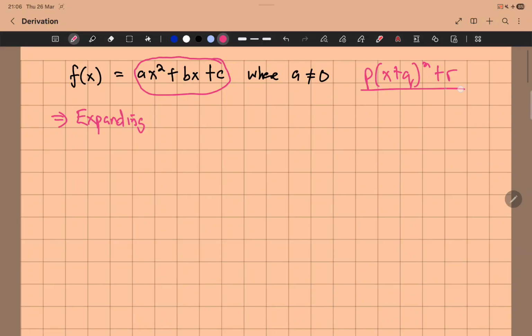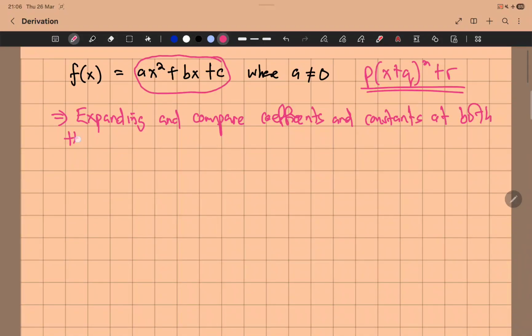So you expand this and then compare. What do we compare? Coefficients and constants at both the left hand side and the right hand side.